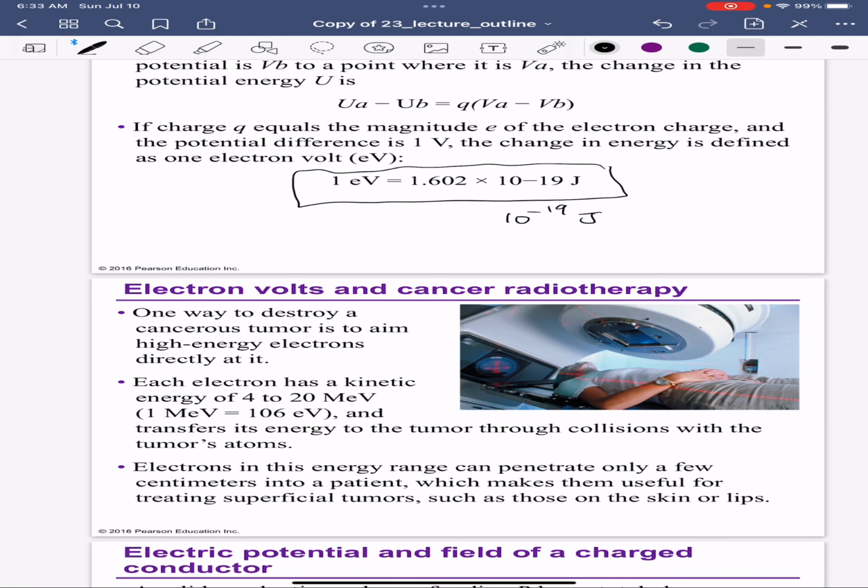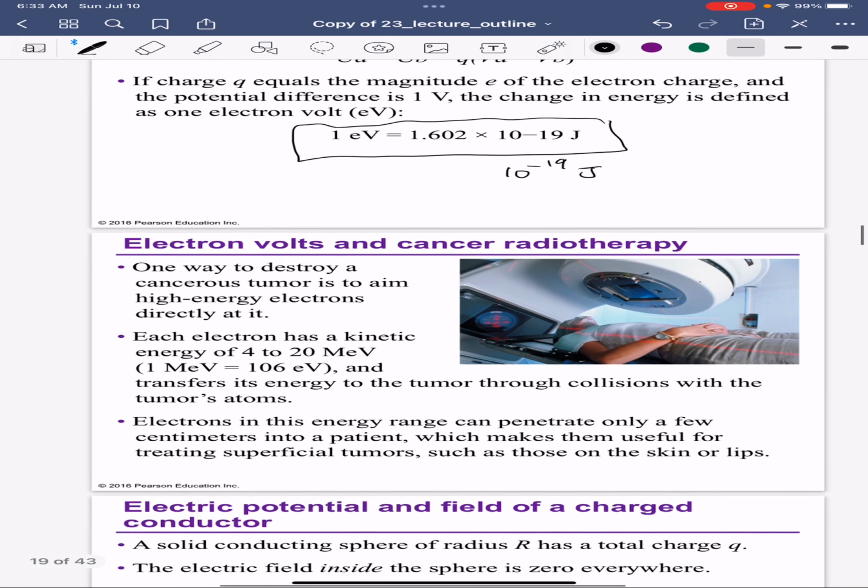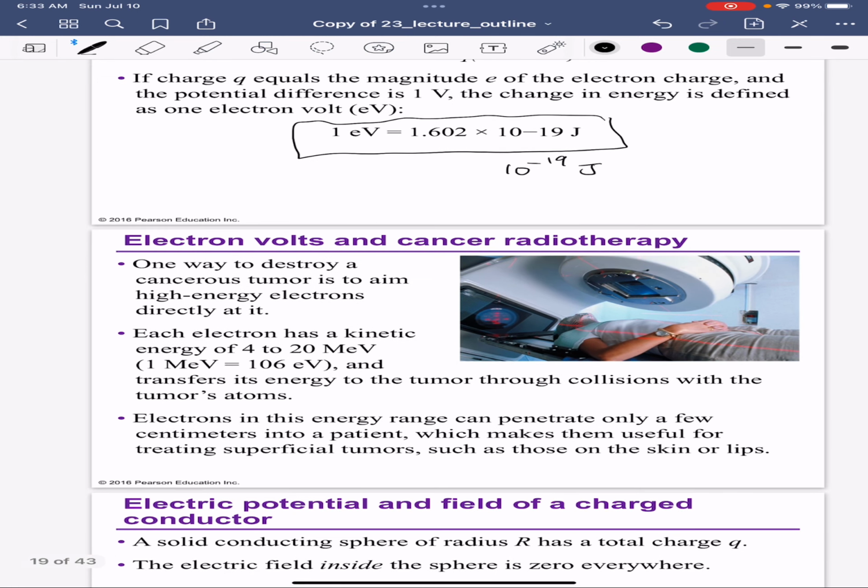Electron volts and cancer radiotherapy. One way to destroy a cancerous tumor is to aim high energy electrons directly at it. Each electron has a kinetic energy of 20 million electron volts, very energetic, where 1 million electron volts is 10 to the 6 electron volts, and it transfers its energy to the tumor through collisions with the tumor's atoms.